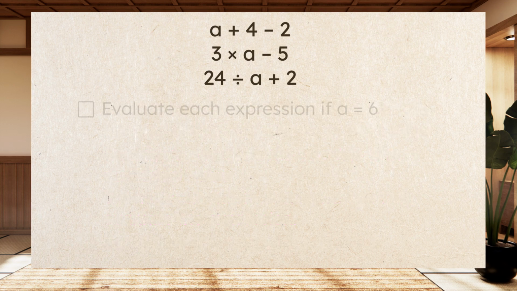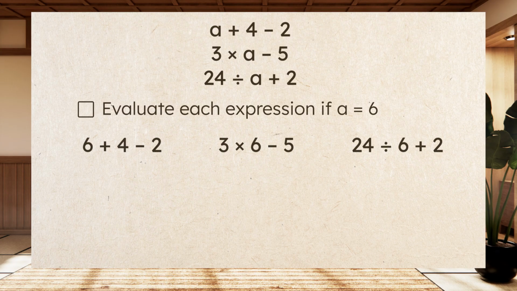So, to evaluate these expressions, we must first substitute the value of A, which is 6, into each expression. This makes our expressions 6 plus 4 minus 2, 3 times 6 minus 5, and 24 divided by 6 plus 2. Now we can evaluate each one.